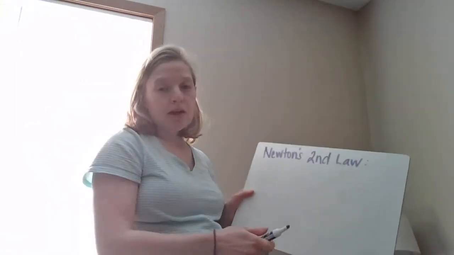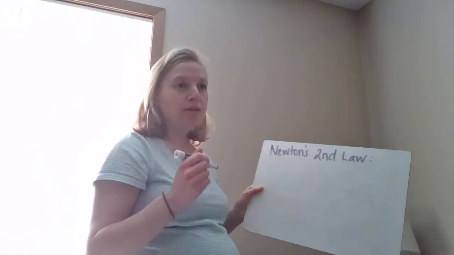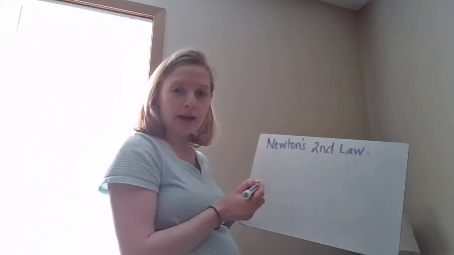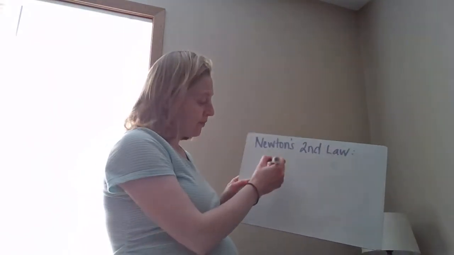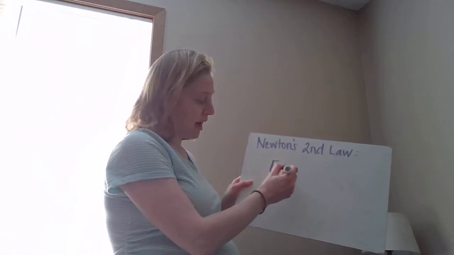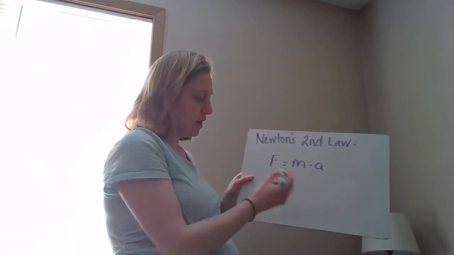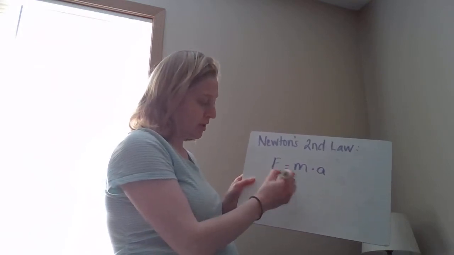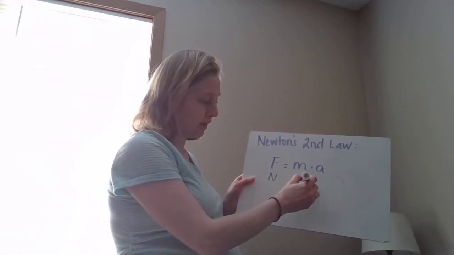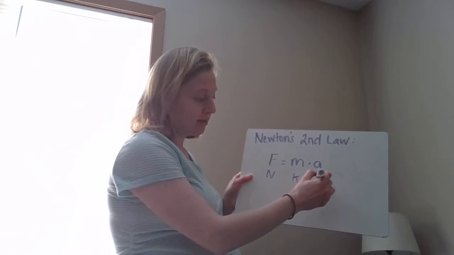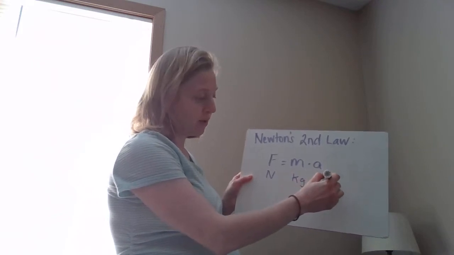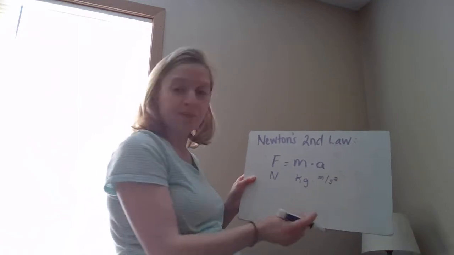Remember, Newton's second law says that force equals mass times acceleration. So the equation for that is F equals m times a, and force is going to be measured in newtons, mass is going to be measured in kilograms, and acceleration will be measured in meters per second squared.